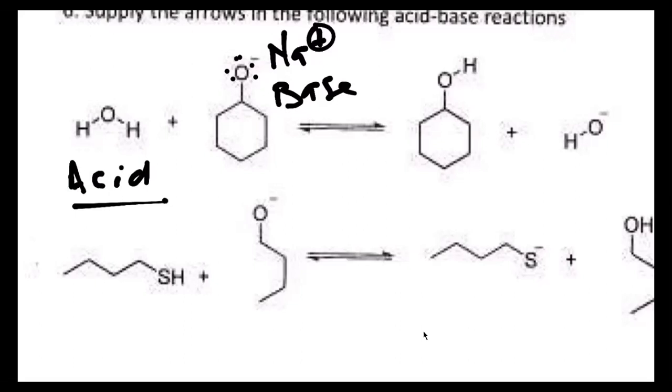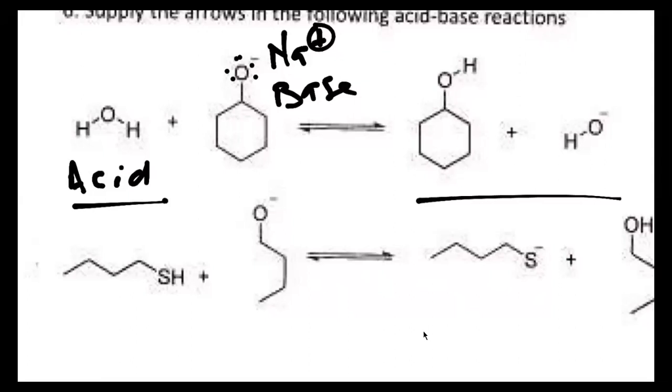On the other side, which one of those is the conjugate acid? And remember what we just said up top. The conjugate acid is what? The base plus what? H, plus a proton. So which one of those on the right side is the conjugate acid?